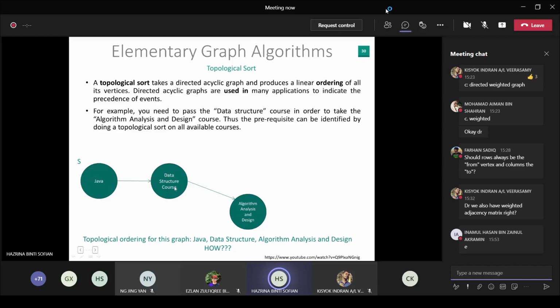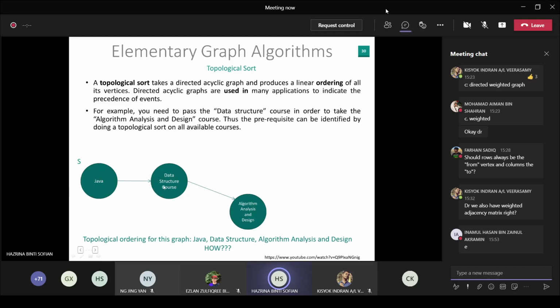Then when you pass that, only then can you take algorithm analysis and design. Let's say this is the rule in your program handbook. So the ordering will be Java, data structure, and then algorithm analysis and design.